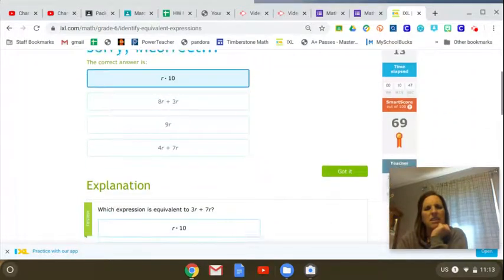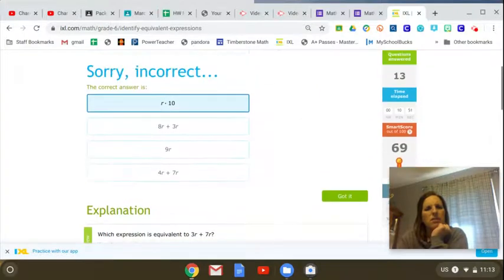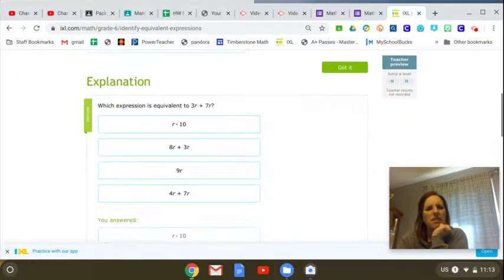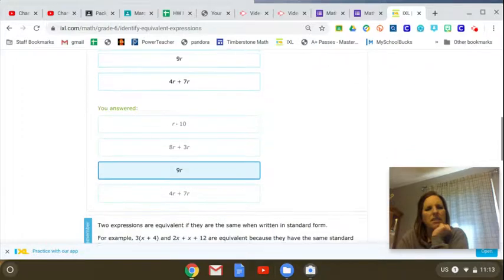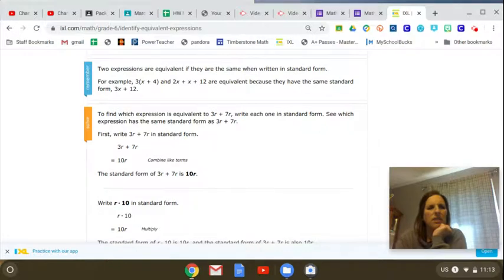Let's go ahead and take a look at what happens here. So I chose 9r. And let's see here. Two expressions are equivalent if they are the same when written in standard form.